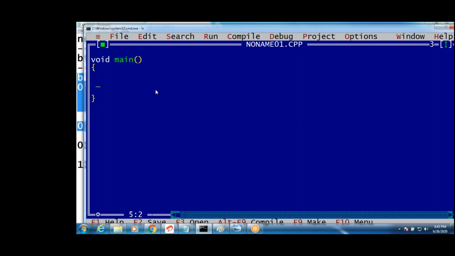How does 15 display? Right now I am printing the a value in 3 formats: percent d, percent o, percent x. There is no format to print binary, guys. Directly we can't print binary, but octal and hexadecimal we can print.